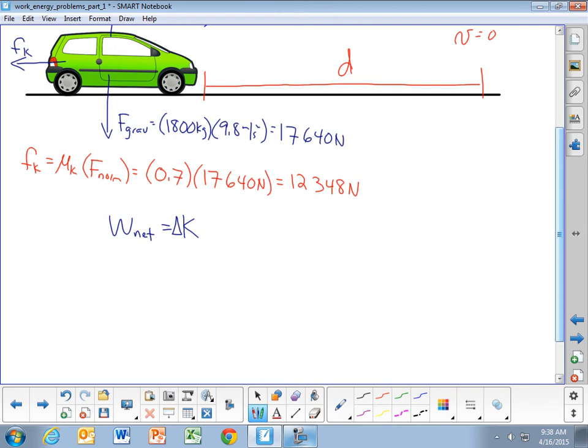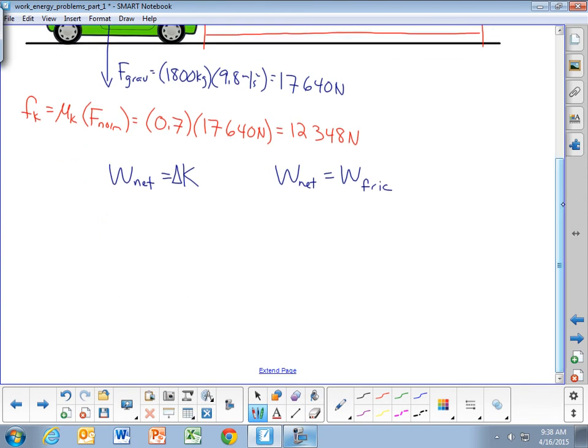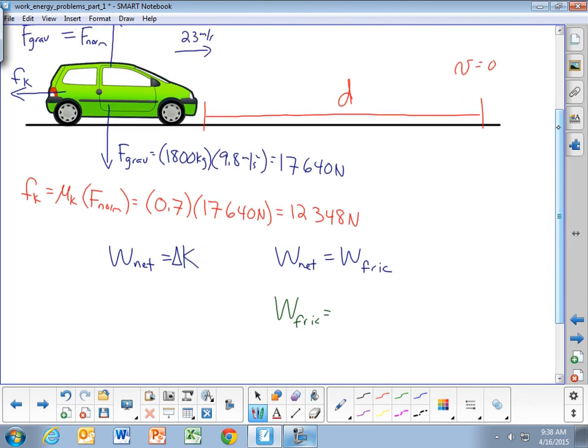And then we have friction. So this net work done is going to be the work done by friction. So we're going to need to calculate that work done by friction. So the work done by friction, first of all, the force of friction is opposite the direction it's moving.